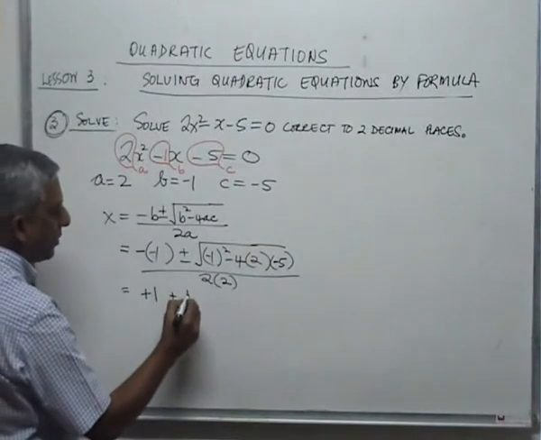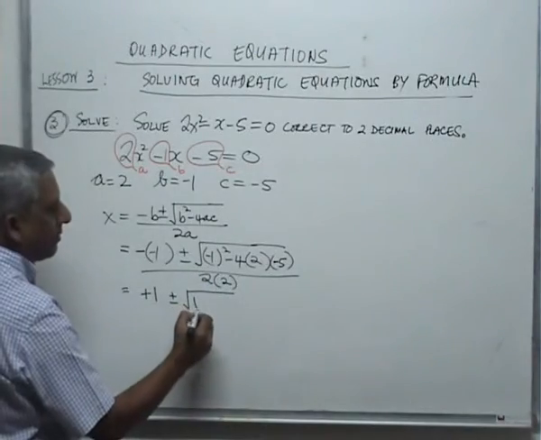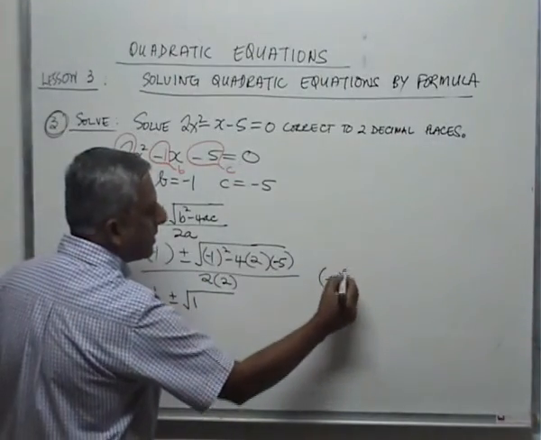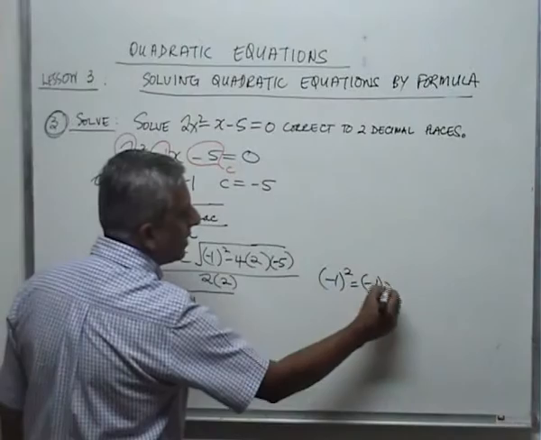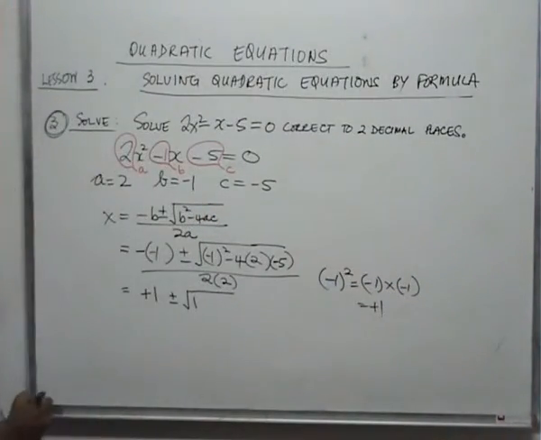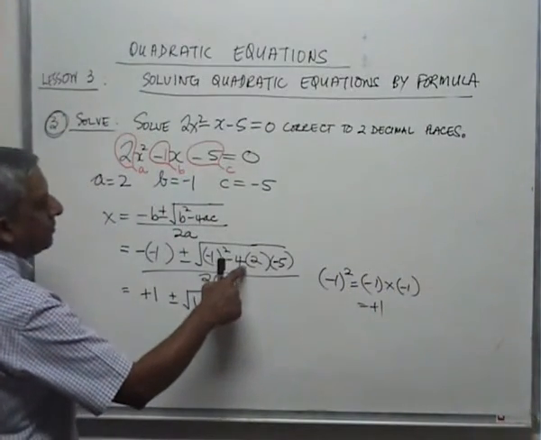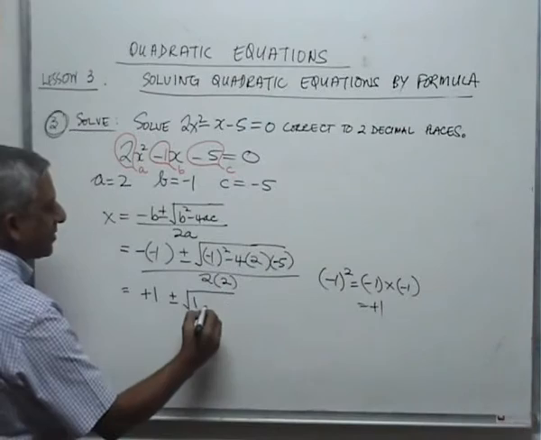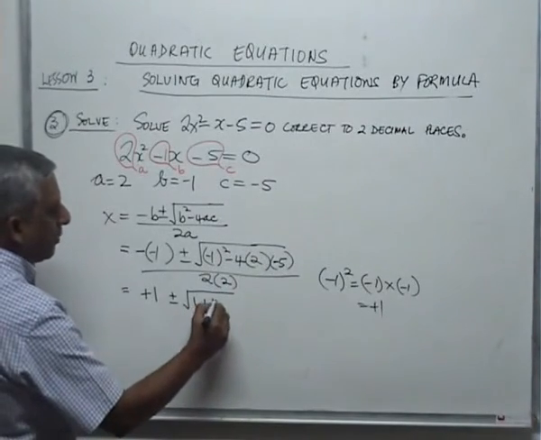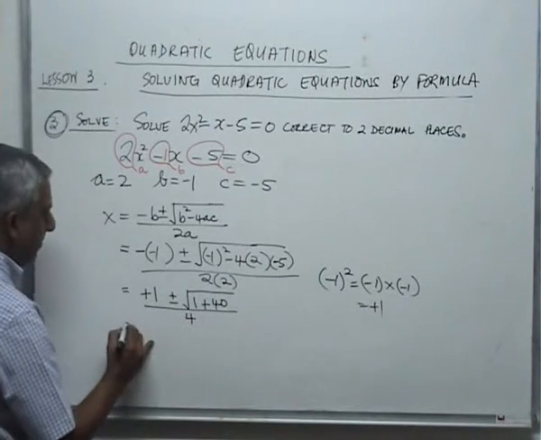Plus minus the square root of minus 1 squared, which is 1, because minus 1 squared means minus 1 times minus 1, which is plus 1. Now put this part in the calculator: minus 4 times 2 times minus 5 will give you plus 40, all over 2 times 2, 4.